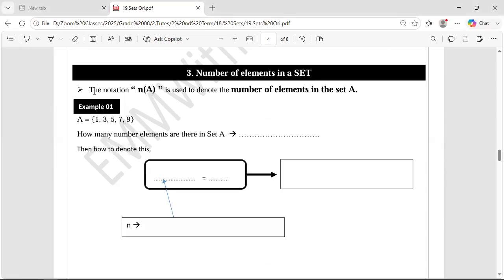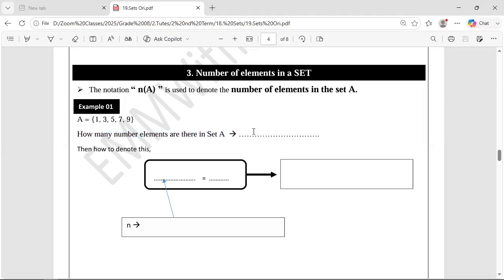So this is the notation that I have explained to you earlier. Number of elements in A is used to denote the number of elements in set A. So, example number 1. A has already been given: A is equal to 1, 3, 5, 7, 9. Now I am asking you, how many elements are there in set A?